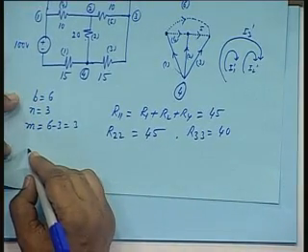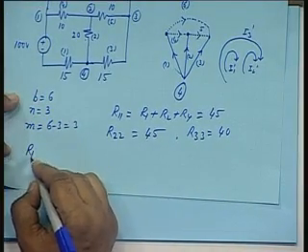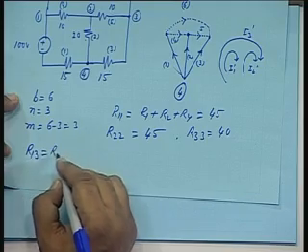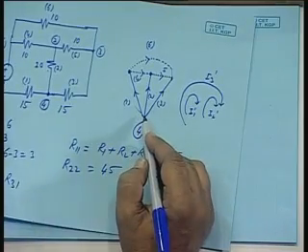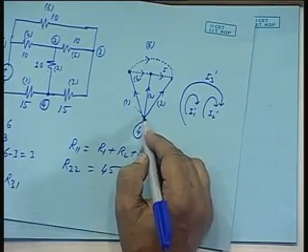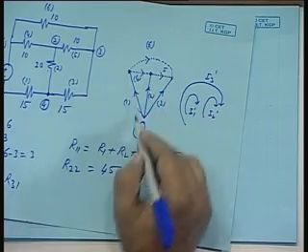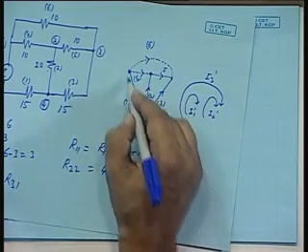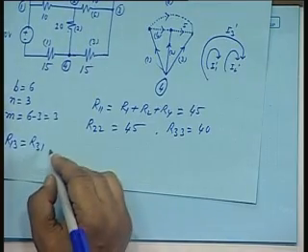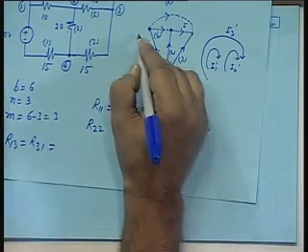Now, R33 is 40. What will be R13? That will be the same as R31. If there is any element common between loop 1 and loop 3, that is this element, that is 15 ohms, only R1.